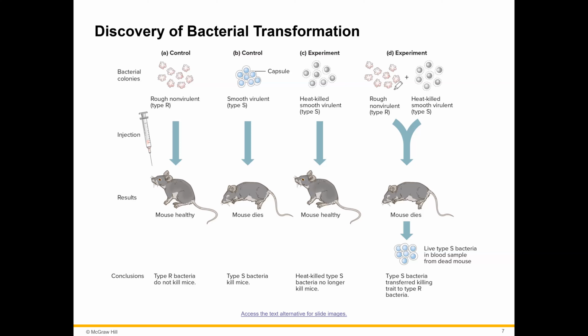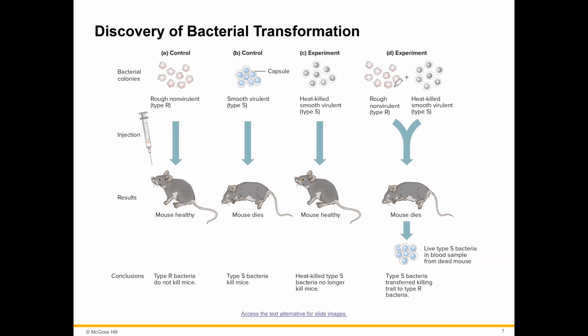I'm going to tell you the answer right now so you understand better. When you kill type S bacteria, you did not destroy the DNA of type S bacteria. Type R bacteria pick up that DNA, and DNA has instructions on how to kill the mice, how to cause pneumonia.